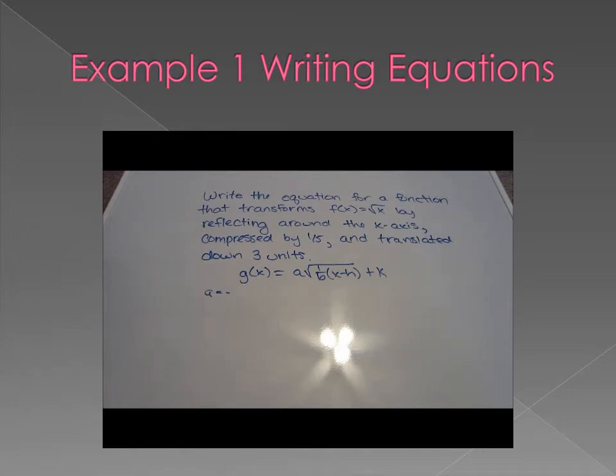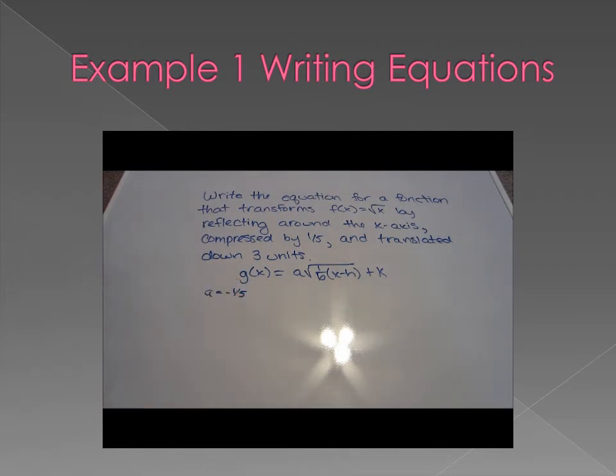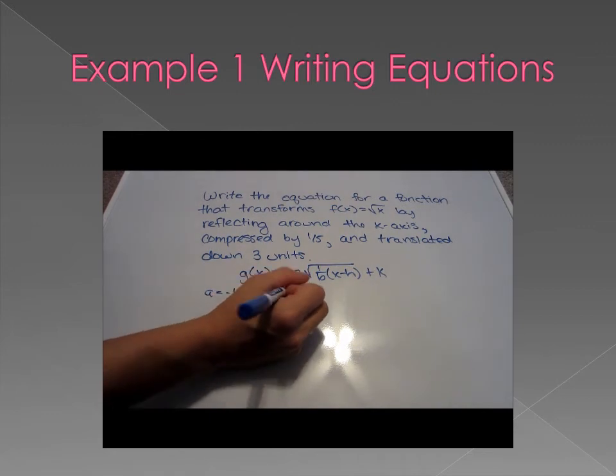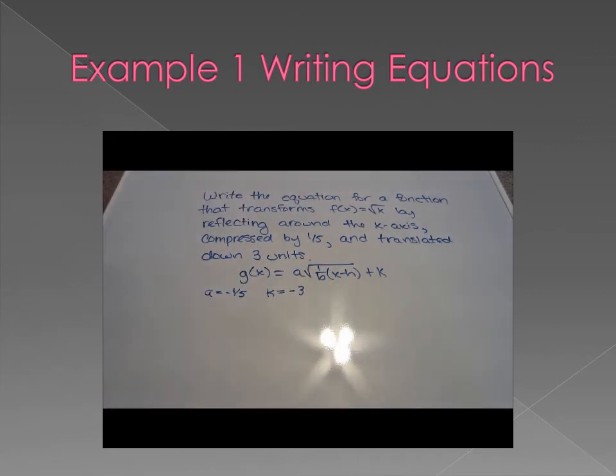Now compressing it by 1/5 gives us a as 1/5, so we make a negative 1/5 because a is our compression factor. Now if we're translating it down 3 units, we're going to be telling what k is, and k is going to be negative 3 because negative means we're moving down. So if we want to write out our whole equation now, we plug in a and k.